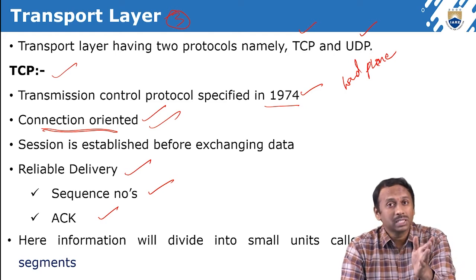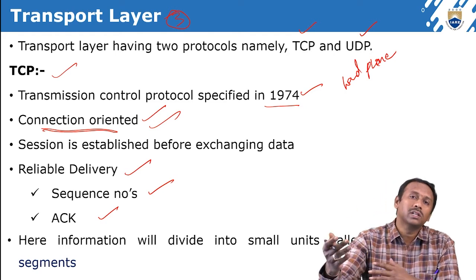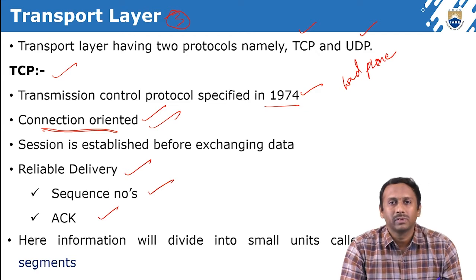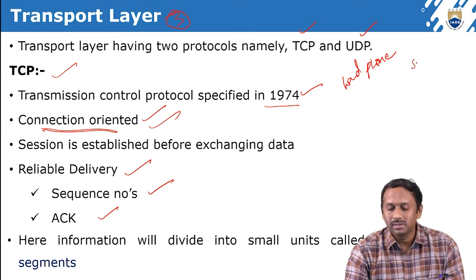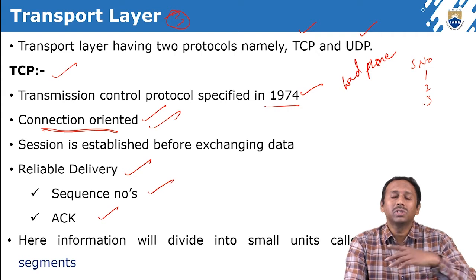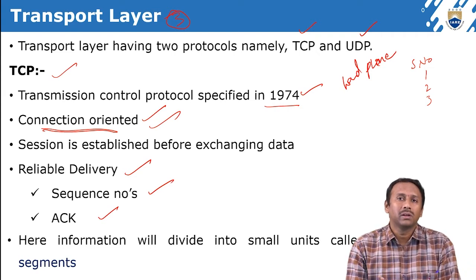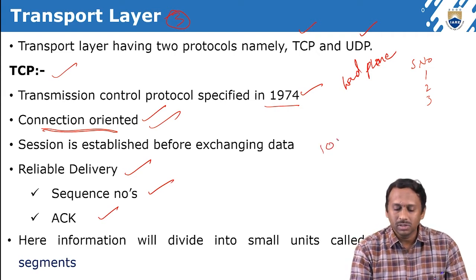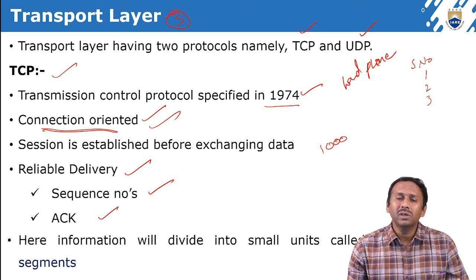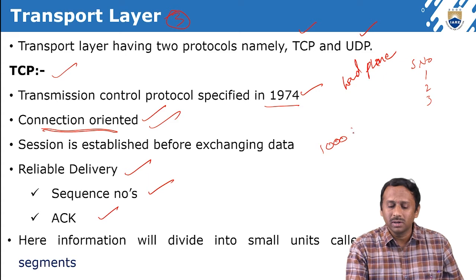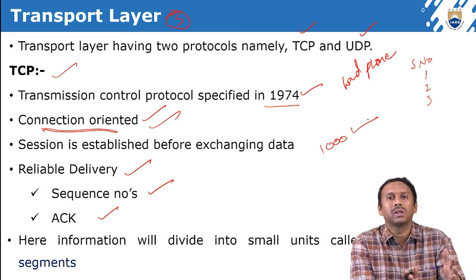The data will be transferred from one place to another in the form of packets, isn't it? Each and every packet is going to be assigned a sequence number: packet 1, packet 2, packet 3. Because we are going to send a bunch of data, assume some 1,000 pages of text in a document. We cannot store 1,000 pages in one particular packet.